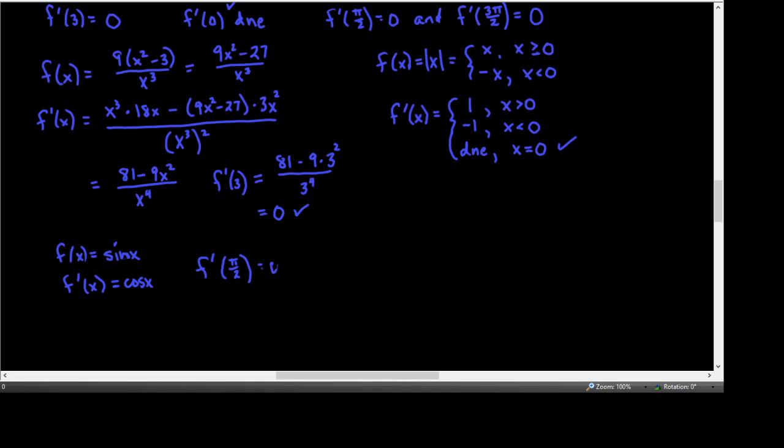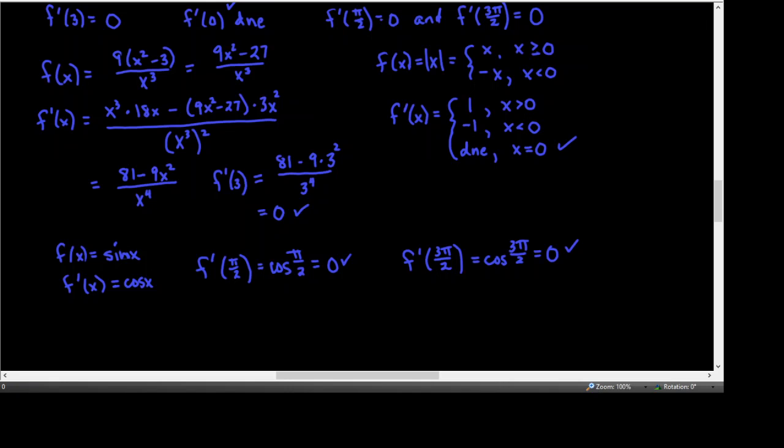That would be cosine of pi over 2, which is indeed 0, as I thought it would be. And at 3 pi over 2, the first derivative at 3 pi over 2 is cosine of 3 pi over 2, which is also 0. So all of my visual inspections gave me the correct derivative answer. So just kind of a little confirmation that I was right.